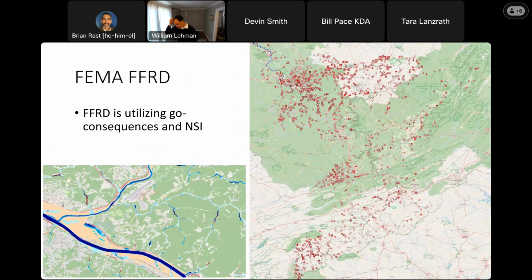In addition to that scientific article, there's also the FEMA Future Flood Risk Data initiative that's going on. And for the base data that is being provided in Future Flood Risk Data, we are utilizing the National Structure Inventory with Go Consequences to publish our consequence results. Here you can see our pilot region 1, the Kanawha.